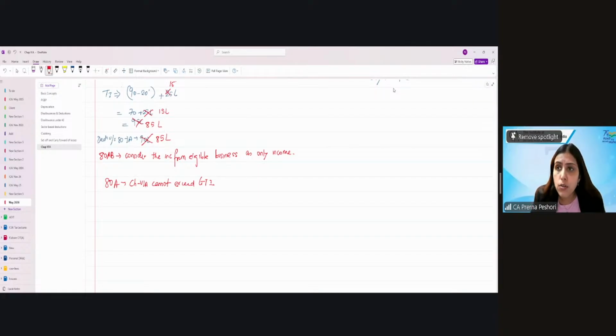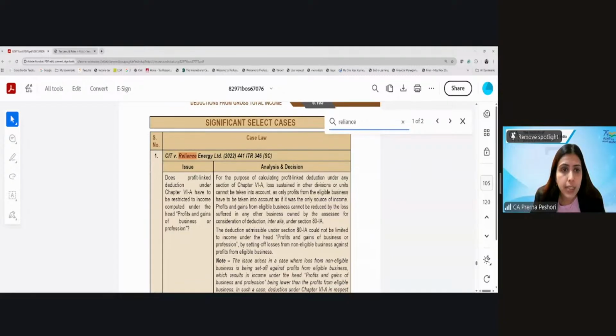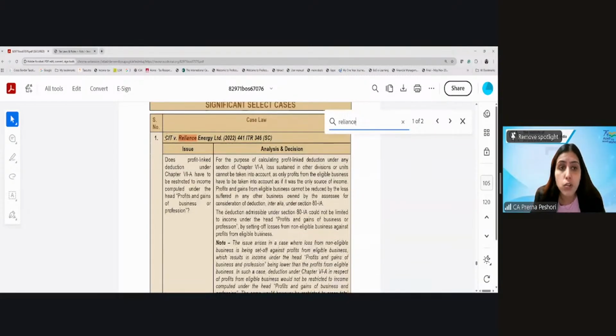Now I am also inviting your attention to a Supreme Court judgment at this point in time, in the case of Reliance Energy Limited, where the question was the same. Does the profit-linked deduction under Chapter 6A have to be restricted to income computed under the head PGBP? That was the question. So what did the Supreme Court say?